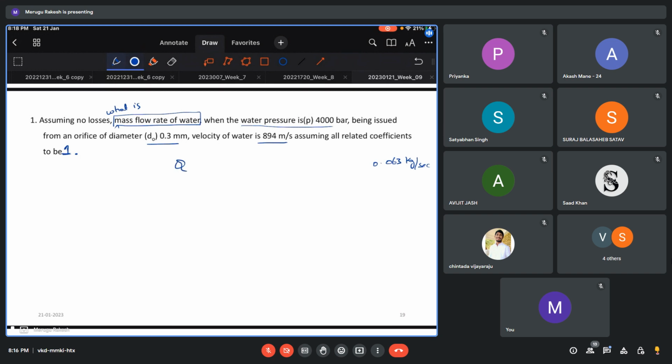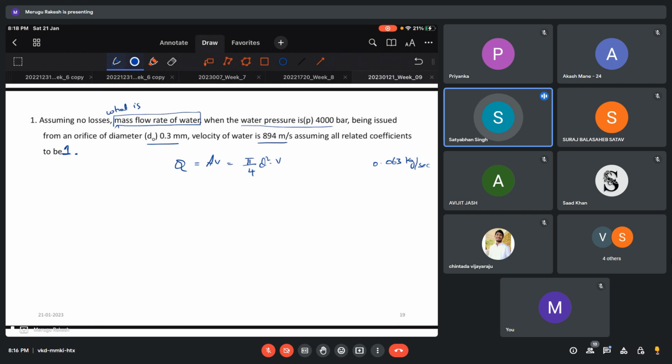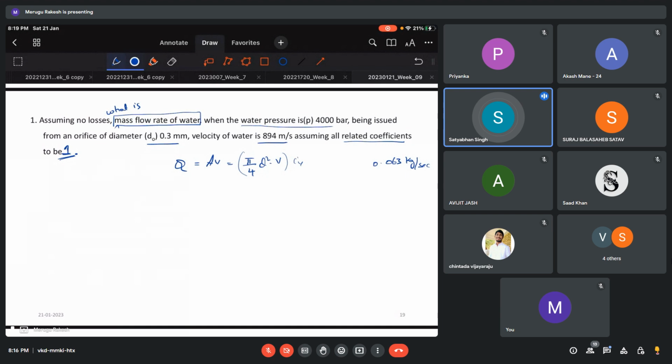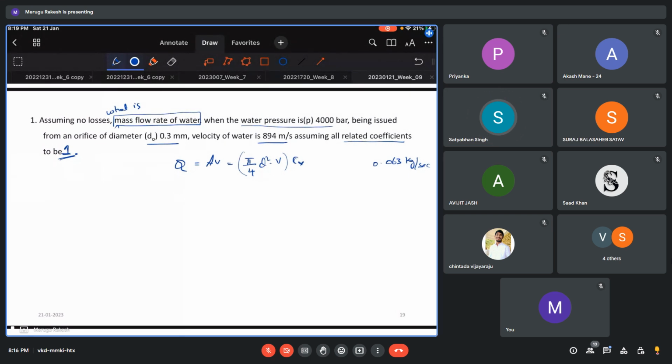So you know this discharge formula, A into V, into CV, 0.92. How much is CV, sir? Here I said take 1. But actually for an orifice it is 0.92. I'm not quite sure right now about the values. Then we have the mass flow rate. Just multiply with the density.